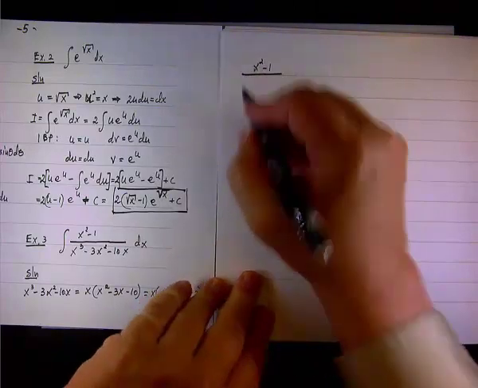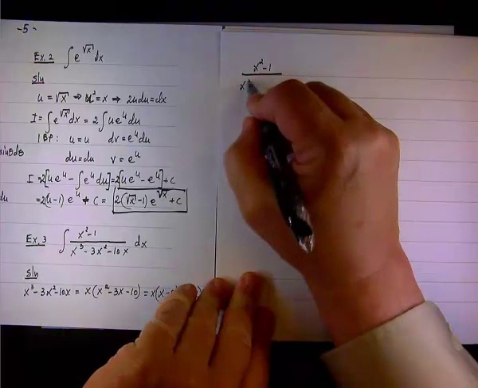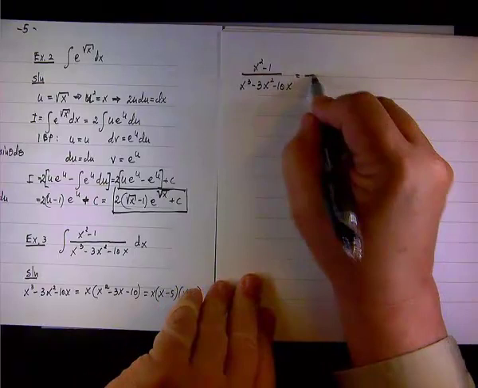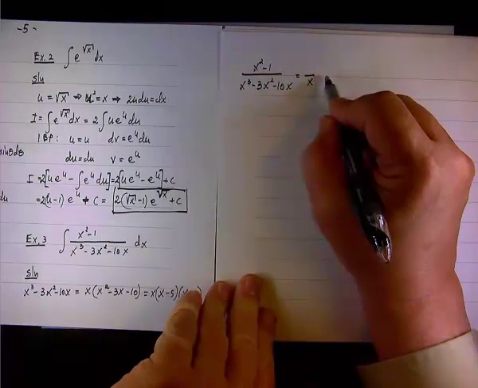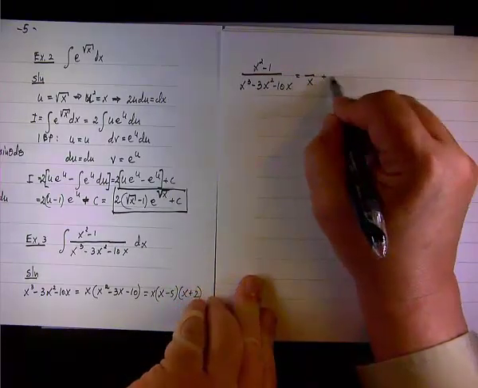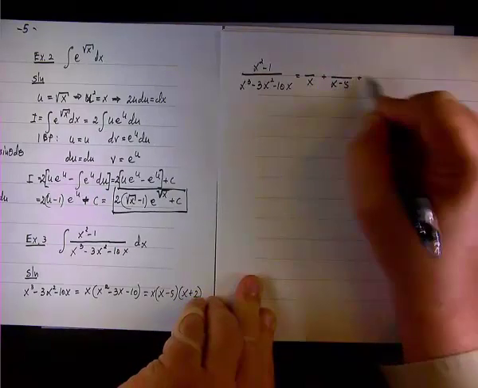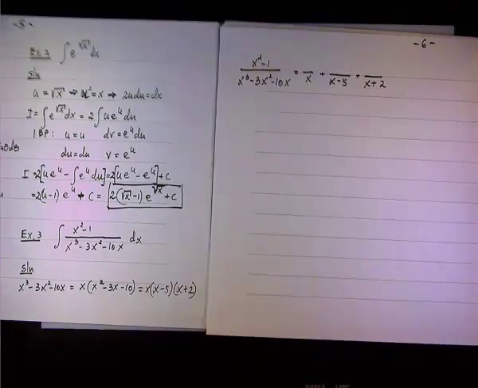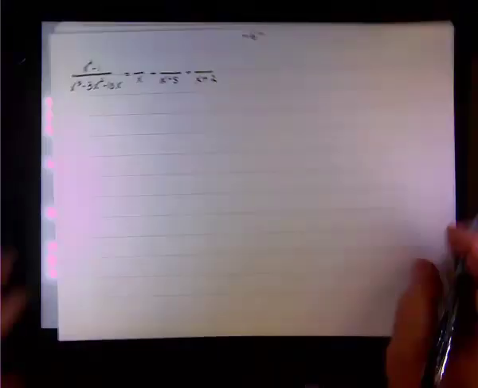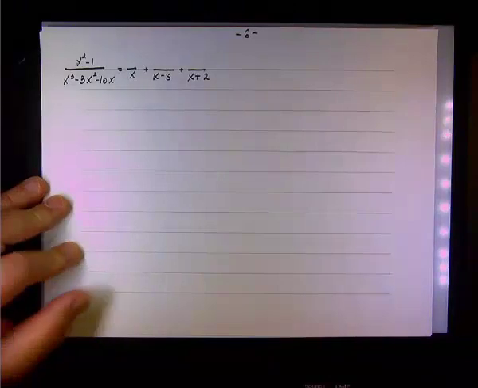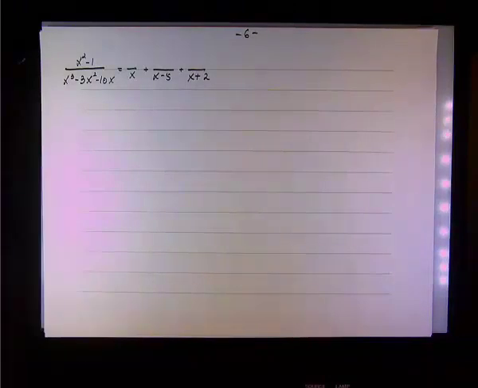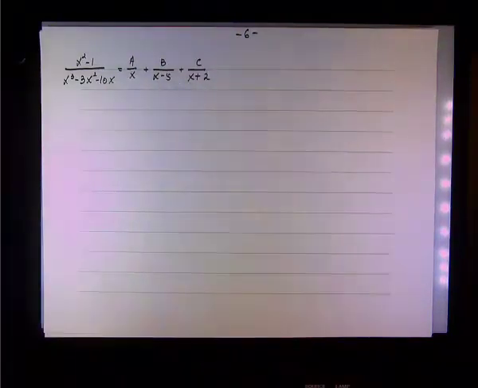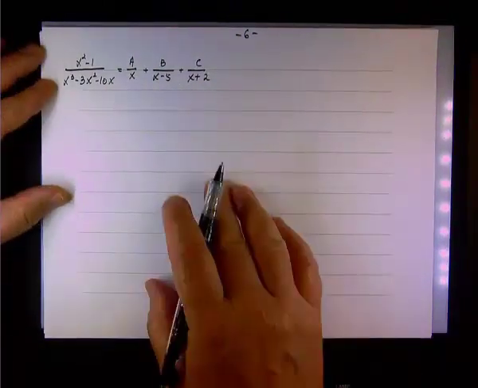And we're going to say that x squared minus 1 over x cubed minus 3x squared minus 10x, the linear factors are x and x minus 5 and x plus 2. So you want to go A1, A2, or A3, or ABC?